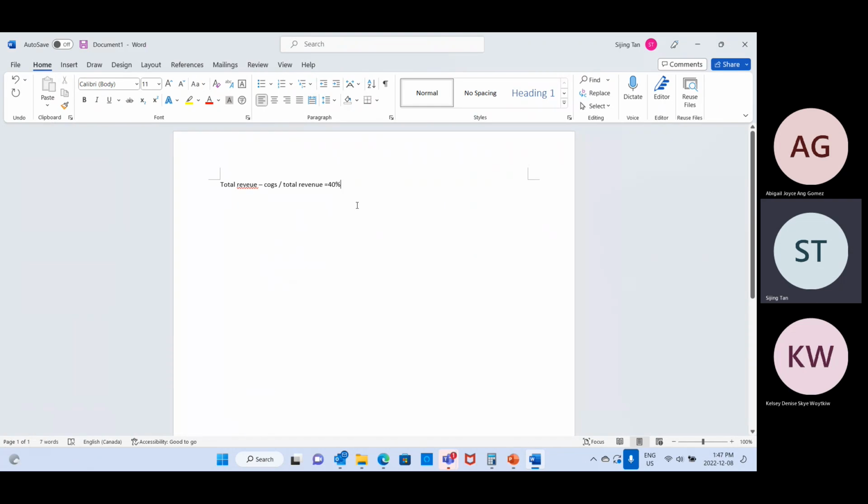Now, if the question just simply gives us total revenue and the 40%, you need to do the calculation. Total revenue deduct 40% times total revenue equals cost of goods sold.